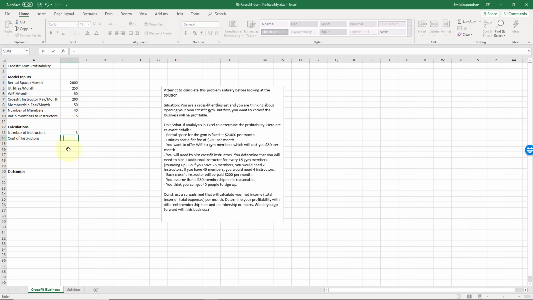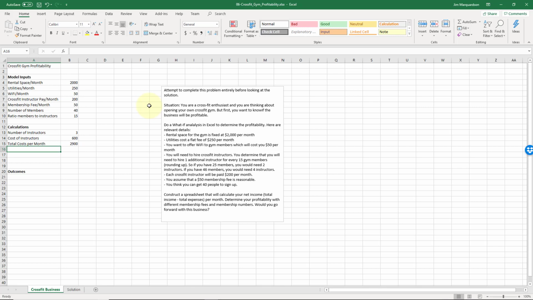So I'm going to multiply 3 times instructor pay per month. Okay, so I'm going to say total costs per month. So I'm going to add up the cost of the instructors, rent, utilities, Wi-Fi, those are the only costs I identified.